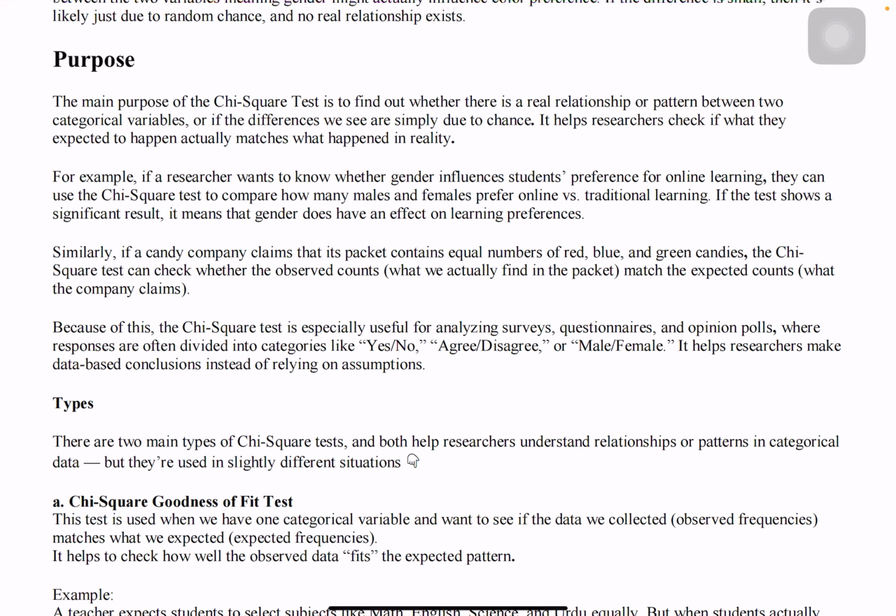Because of this, the chi-square test is especially useful for analyzing surveys, questionnaires, and opinion polls, where responses are often divided into categories like yes, no, agree, disagree, or male, female. It helps researchers make data-based conclusions instead of relying on assumptions.